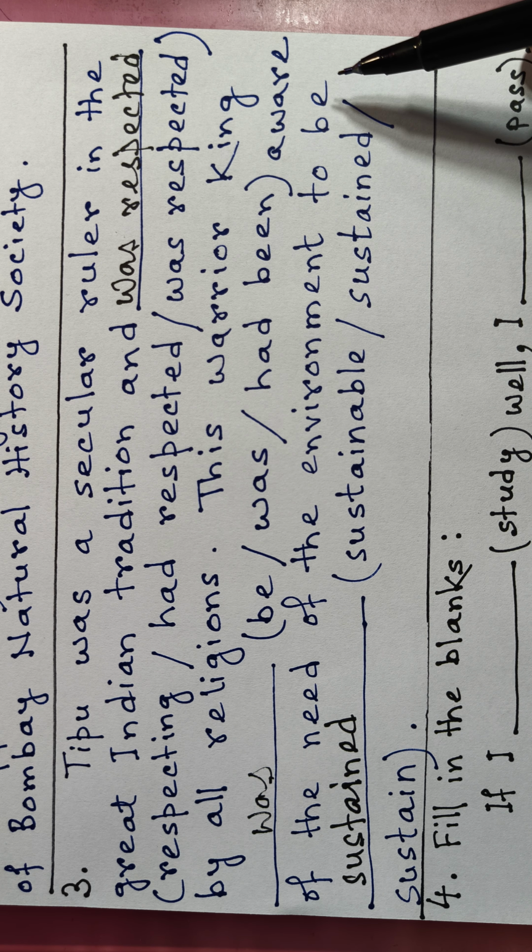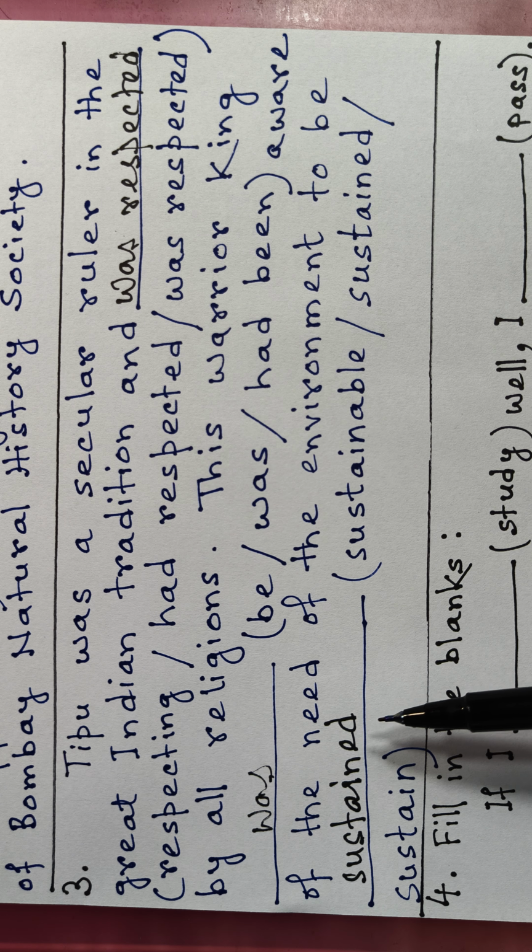In this context, to be is followed by a past participle to form a passive infinitive. It indicates the state the environment needs to be kept. While sustainable is an adjective, to be sustained fits the grammatical structure of the sentence more naturally to describe the act of preservation. So the correct option is sustained.